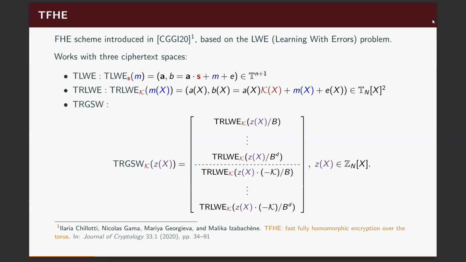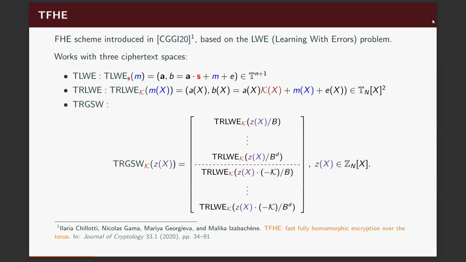Our work is based on the TFHE scheme, which is an FHE scheme introduced by Chillotti et al. Its security is based on the learning with errors problem, and it works with three different ciphertext spaces, namely the torus LWE, torus ring LWE, and the torus ring GSW. I will just exclude the term torus from now on for simplicity.